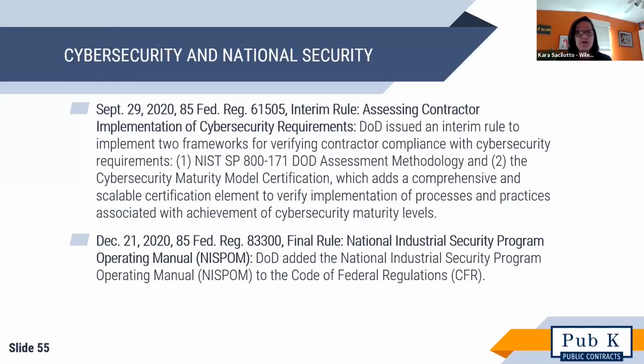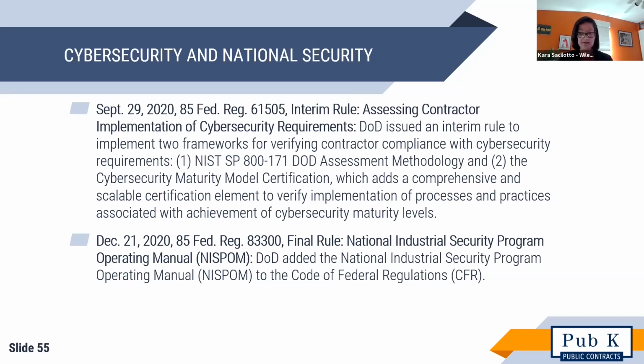Okay, we are now turning to cybersecurity and national security, and I will focus on the top bullet only. The second bullet, you can read it, and it is self-explanatory. I know that cybersecurity and this interim rule in particular were discussed by the cybersecurity panel in session 6 on Tuesday, but in case you missed that, I'll give you a high-level overview of what it does.